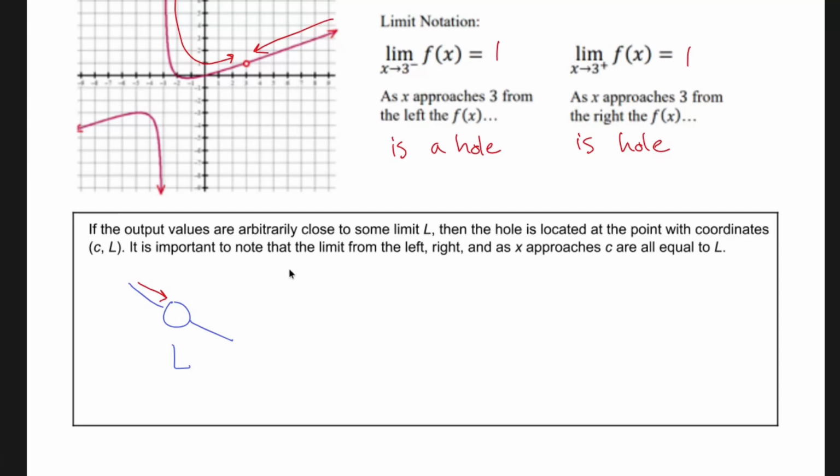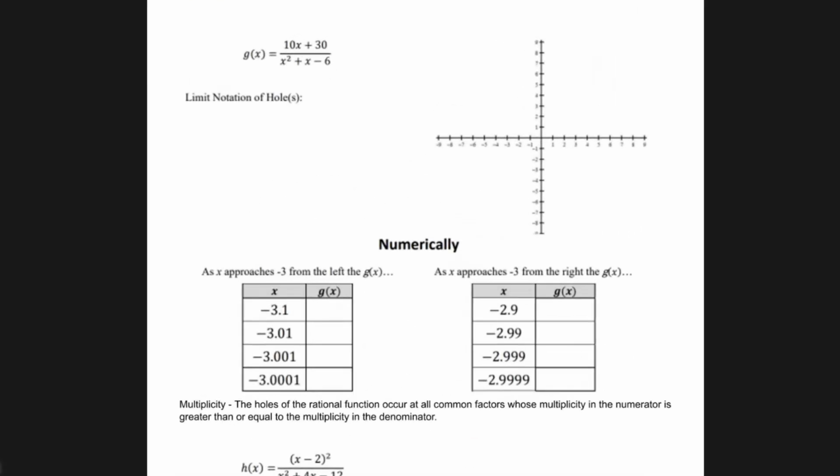It is important to note that the limit from the left and right will be the same if they approach the same thing if there's a hole. So as you get arbitrarily close to a hole, you will get a hole at (C, L). C would be the x value, L would be the y value. Just terrible wording that you might see on a practice test here and there.